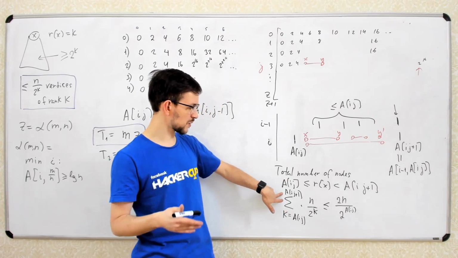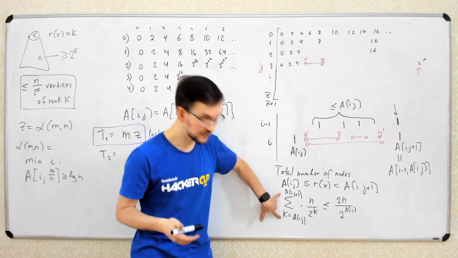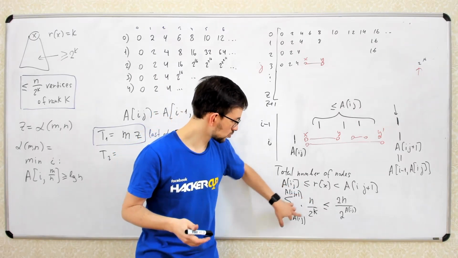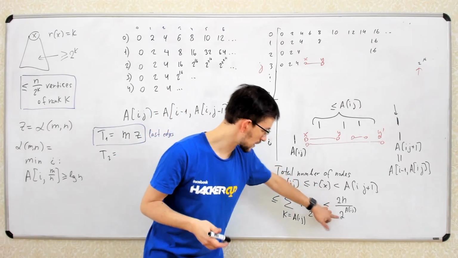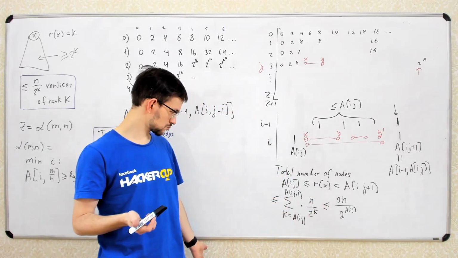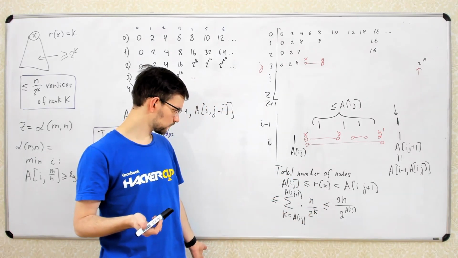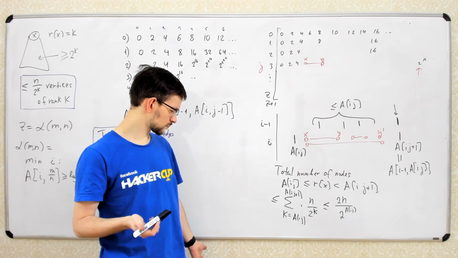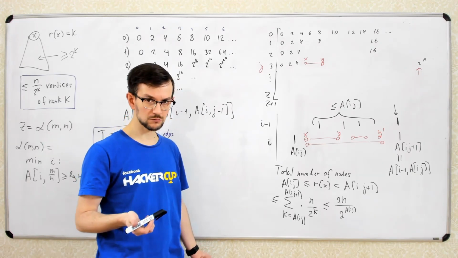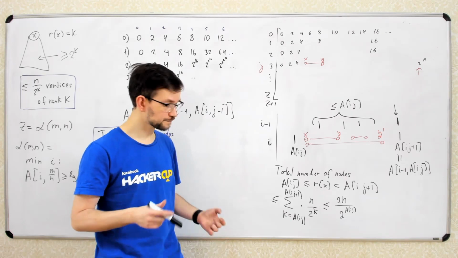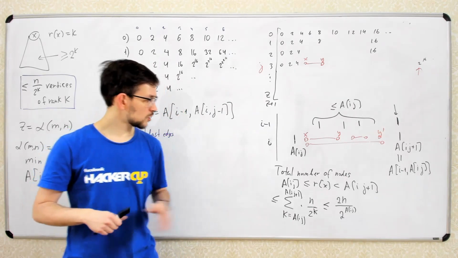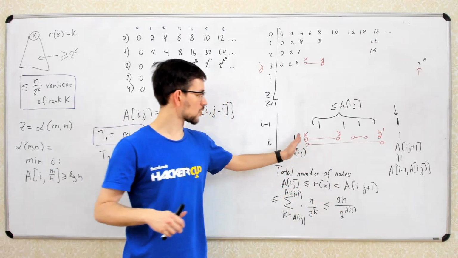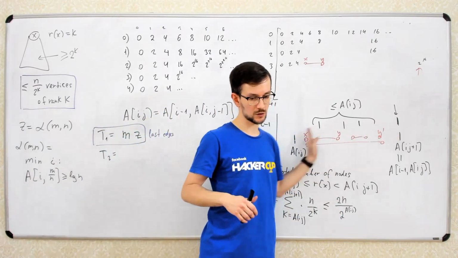I change this with plus infinity, have this series, convert the series to 2n, and have 2n divided by this. Looks fine, right? This is the maximal possible total number of nodes in this segment.